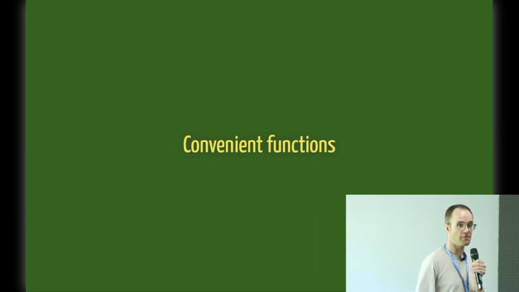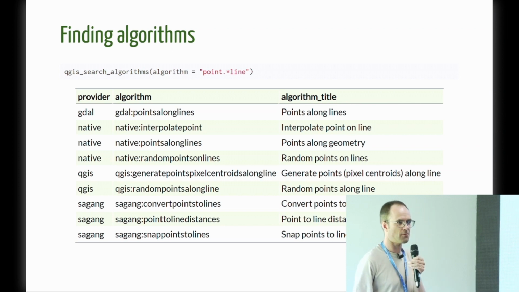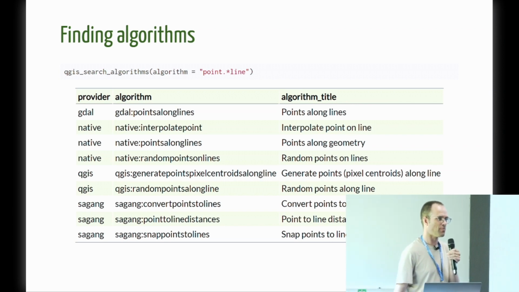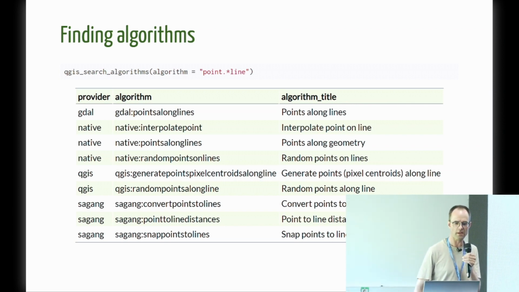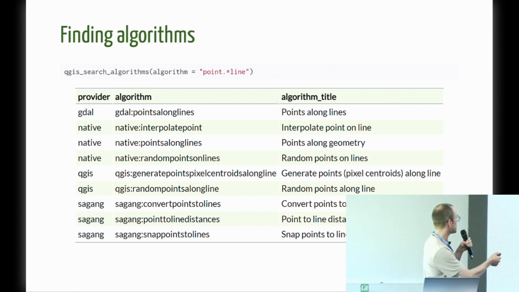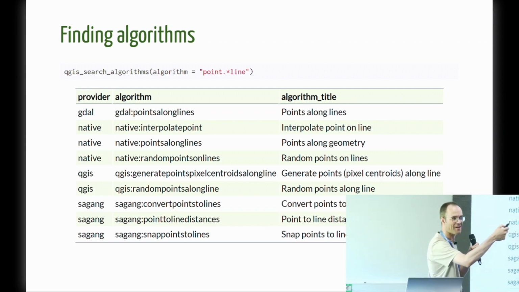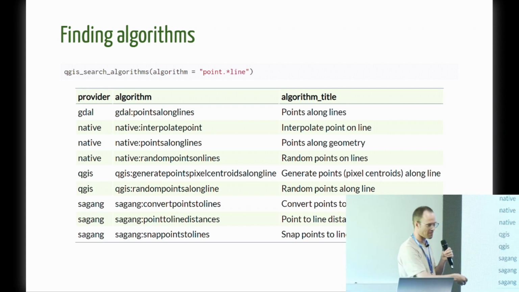There are other convenient functions in the package, like one that lists which algorithms are available that correspond to a certain regex string. For example, the regex points, then line, and then we can get some algorithms.